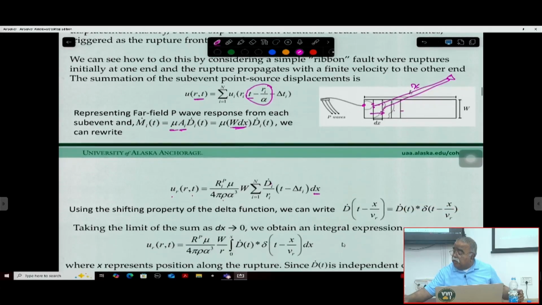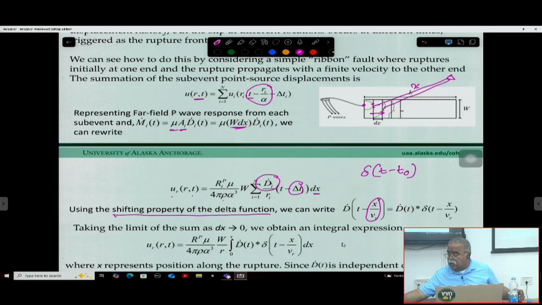But please remember, this is your displacement equation dot. So ddt, or the change in the displacement. So this is a property I will be using. It is called D dot t minus x by vr. D dot t minus x by vr means it's a delta of t minus t0.